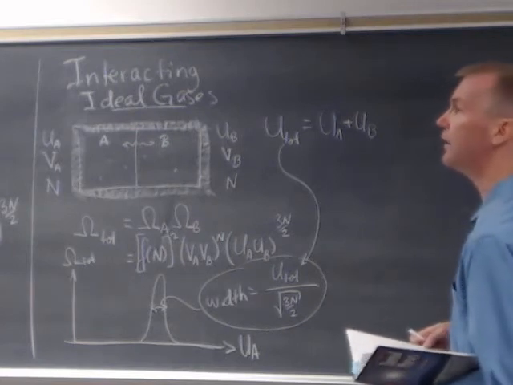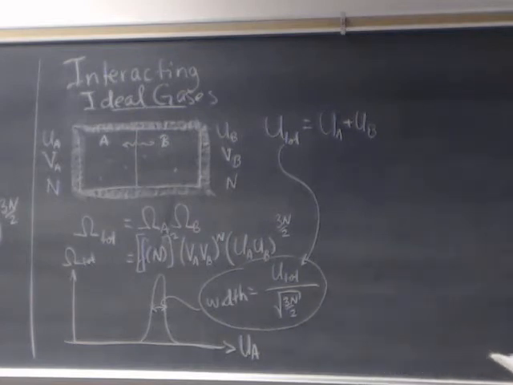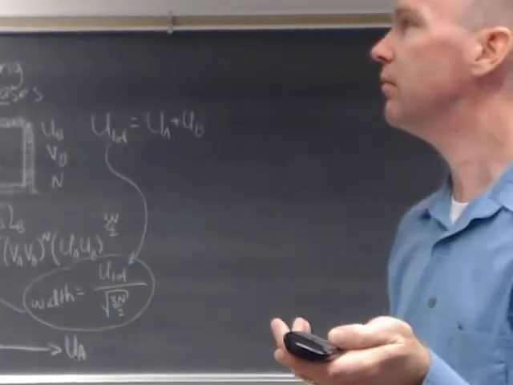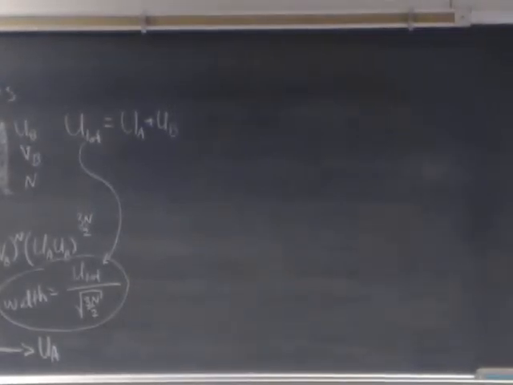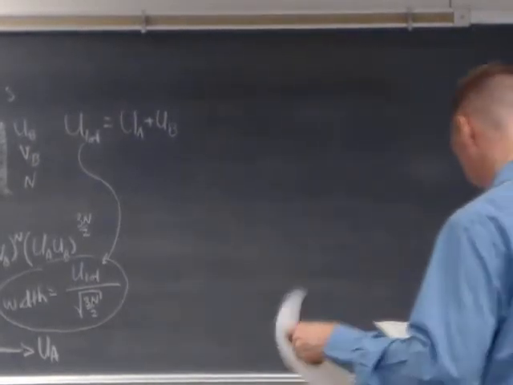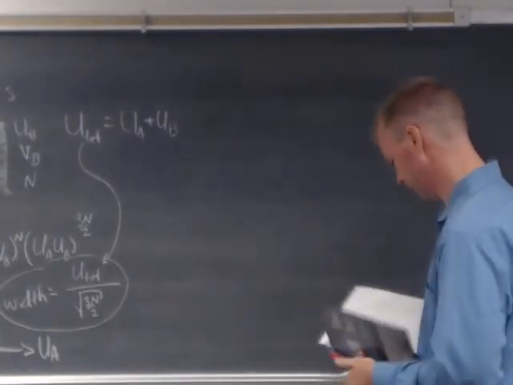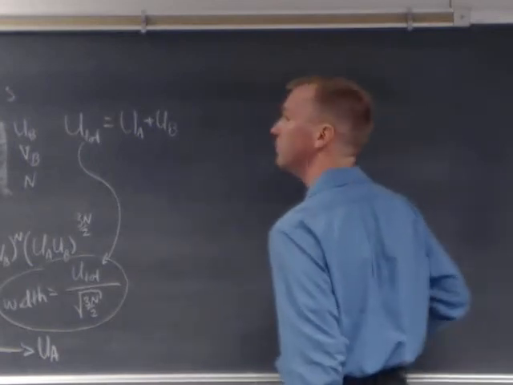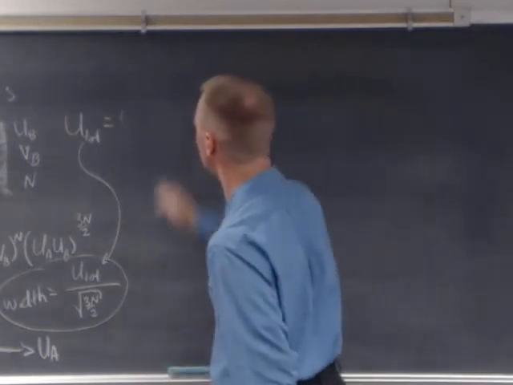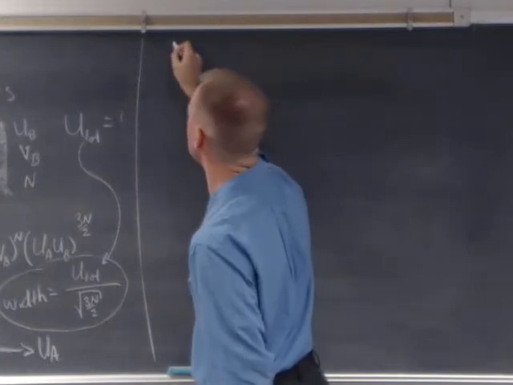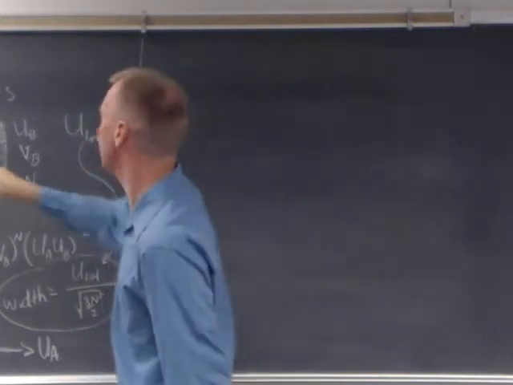Okay. Now we could set it up to where instead of exchanging energy only, we're exchanging energy and we're exchanging volume. Let me draw what that situation would be like. So this one was exchanging energy only.